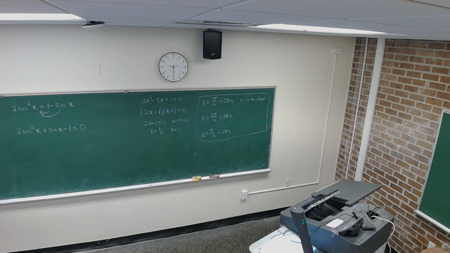So, if I subtract the sine of x squared from both sides, I have the cosine of x squared is equal to 1 minus the sine of x squared. Okay? I'm subtracting sine of x squared from both sides.